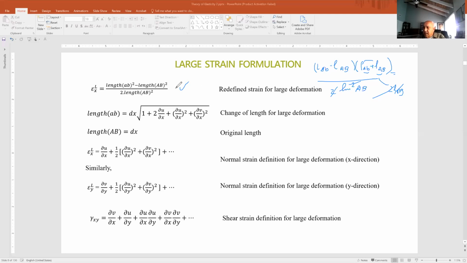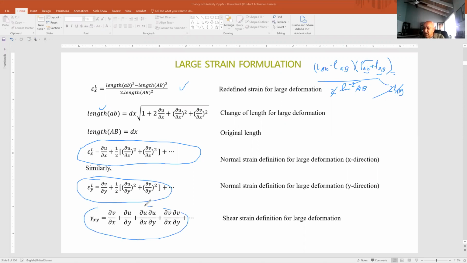Now, looking into that equation, the length, as we have given before, is in terms of the displacement, and you substitute there, you end up with this equation for the strain. Similarly in y direction, and similarly for the shear strain.